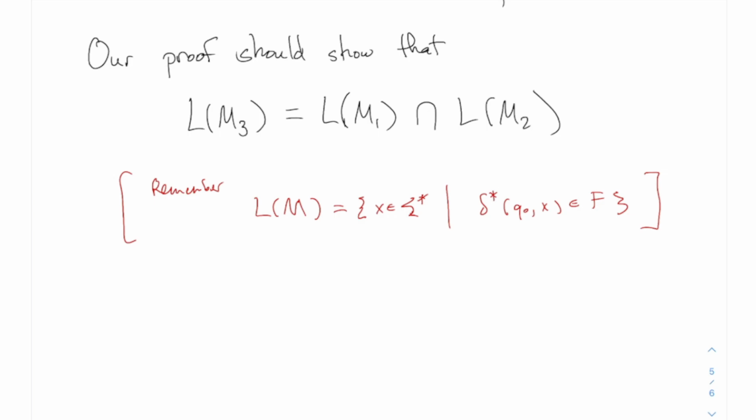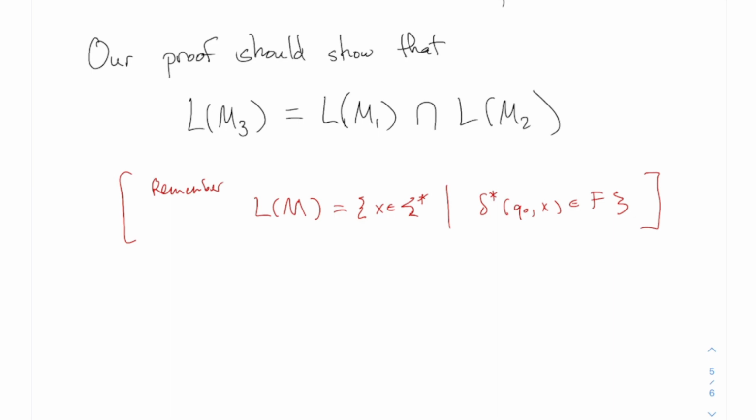This stuff on the right side here, remember what that means? It means if I start in state Q naught, which is the starting state, and I do this whole string X, the delta star, remember, means it's the same as the delta, only it does many steps at once, the whole string. It ends up being in the set of accepting states. All right. So our proof is going to show that those two sets up there are equal.